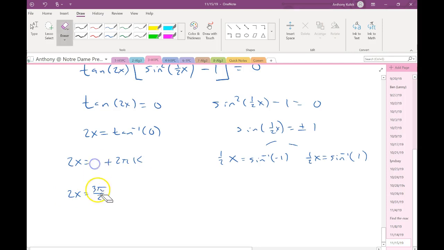That's wrong. 0 and pi. Thank you. Similarly, I'm going to do the same thing over here. So the place where the y-coordinate is -1, well, there's just one place. And where it's +1, again, there's just one place.